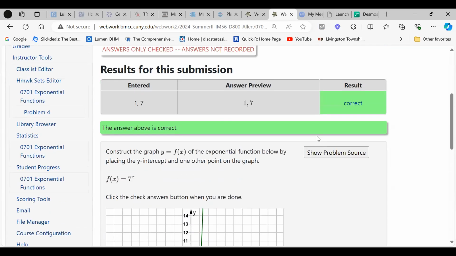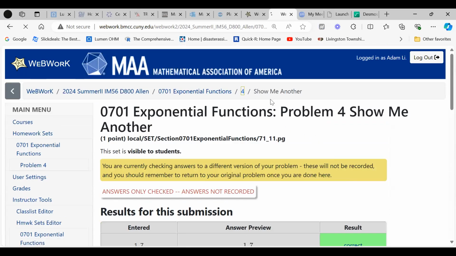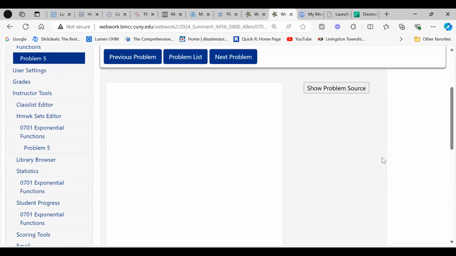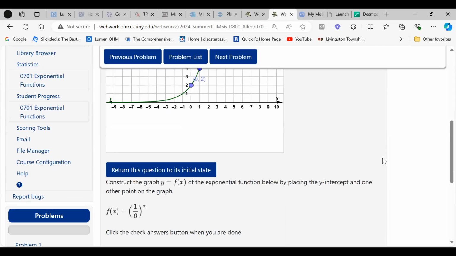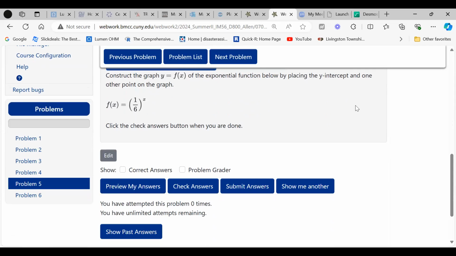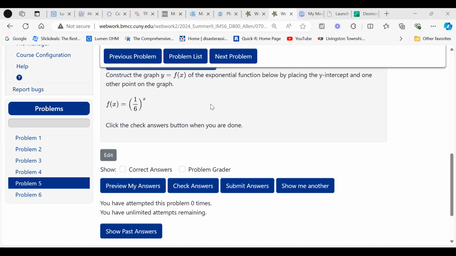No question? Okay, very good. Let's look at the next problem. It's another graphing problem. Construct the graph by using the intercept and then one other point on the graph. So one more time, I'm going to give you the standard points to plot, and you just find the y values and we plot from there.